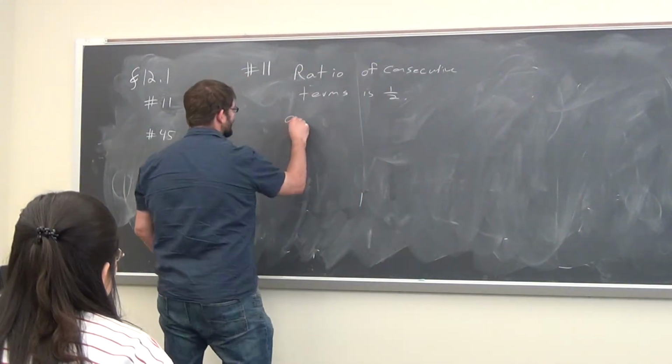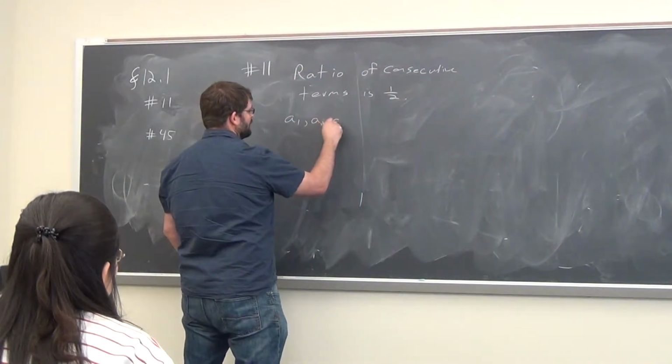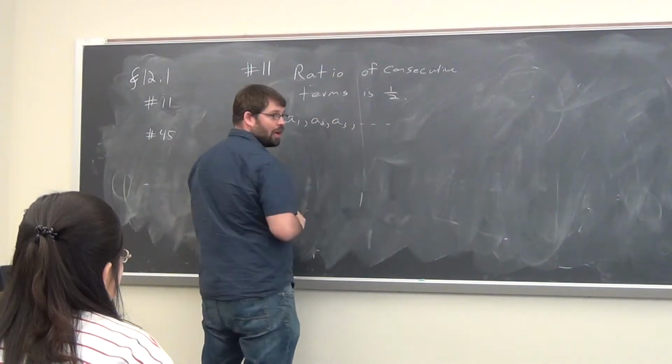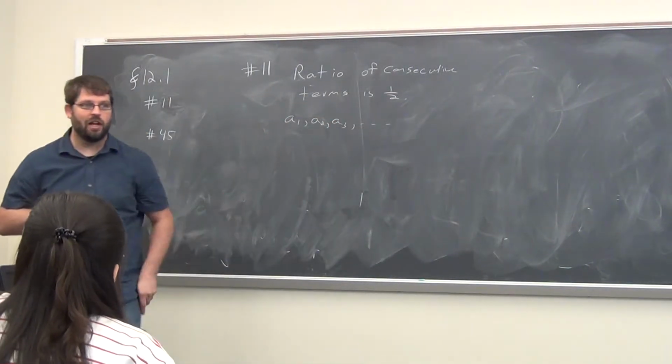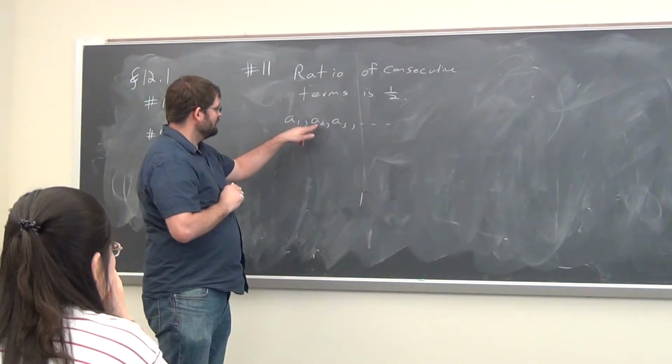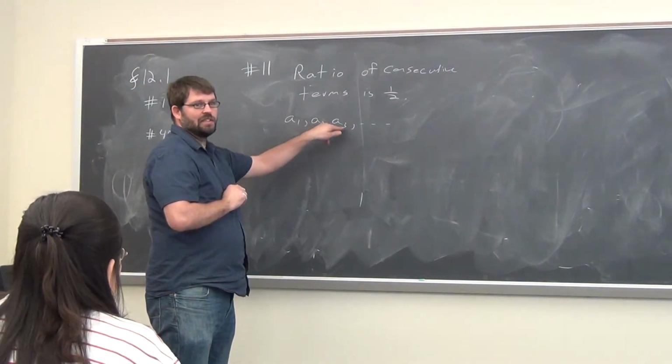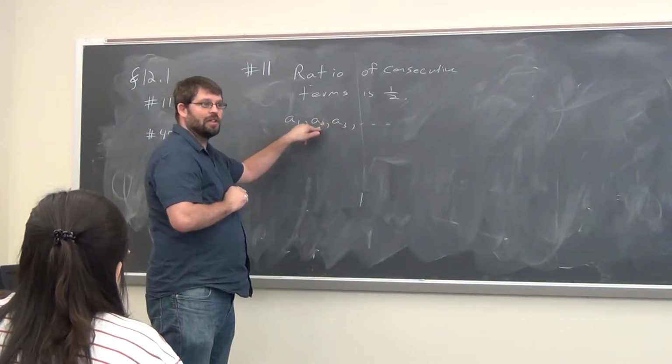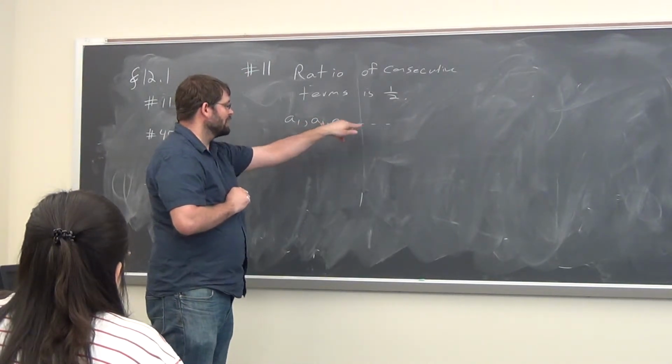So you got a sequence, a sub 1, a sub 2, a sub 3, and so on, right? And we want to find a formula for a sub n. Well, a sub 2 and a sub 3, those are consecutive terms, right? So you got one term and then the next, and then a sub 4 will be the consecutive term there.